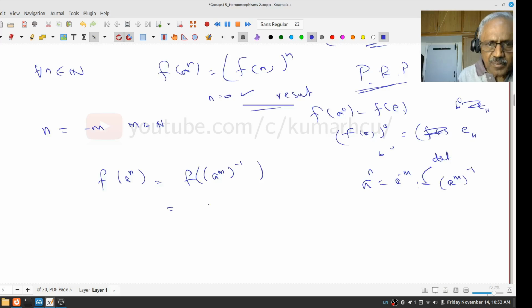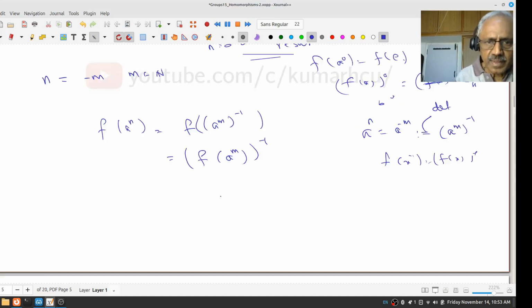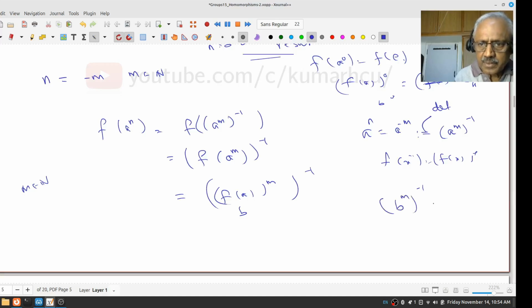But in the last result we proved f of x inverse is f of x, inverse. Therefore this is f of a power m, inverse. But f of a power m, m being a natural number, we know is f of a, whole power m, and then the inverse. Call this b. Then b power m inverse by definition is b power minus m, that is b power n. Therefore it is f of a power n.